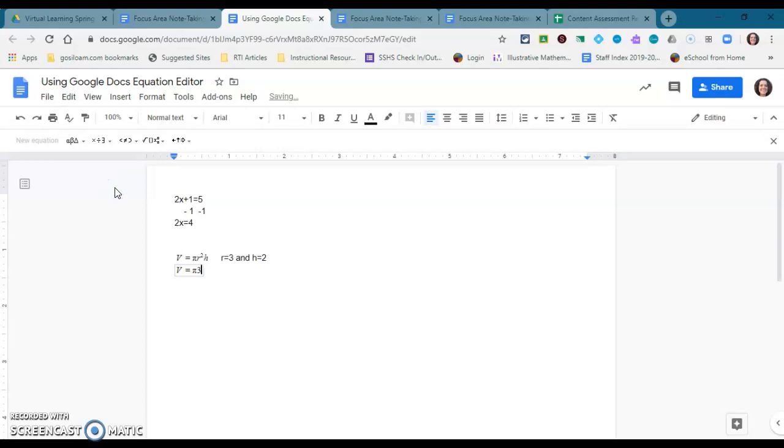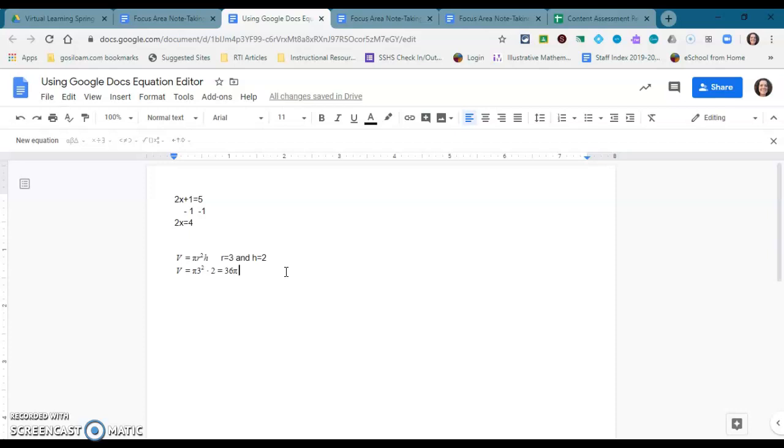So 3 squared, and then since we're multiplying here, I'm going to put this little dot symbol that we use for multiplication, so times 2. And then let's say I want to simplify that. 3 squared is 9, 9 times 2 is 18, so 18 pi.